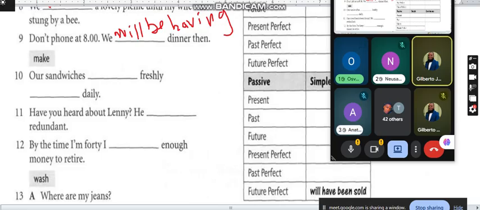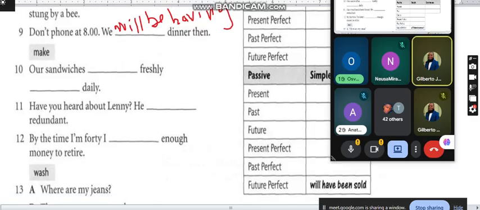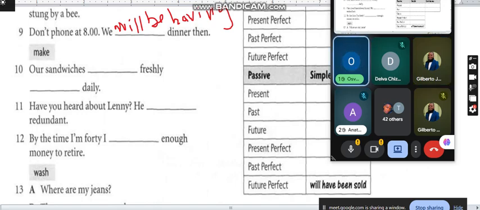Yes. The question is, our sandwiches are freshly made daily. I think the answer will be our sandwiches are freshly made daily. I mean, this would be in passive voice.